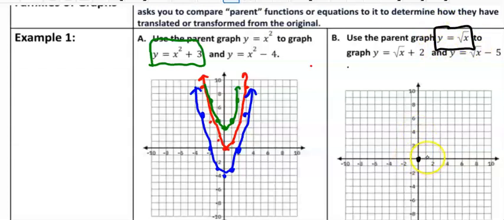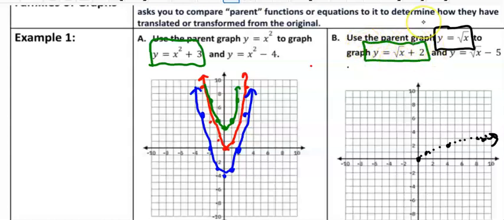What's the square root of 1? 1. What's the square root of 4? Square root of 9? 3, correct? I like to do the parent function dashed. That tells me it's the parent function. Make sense?